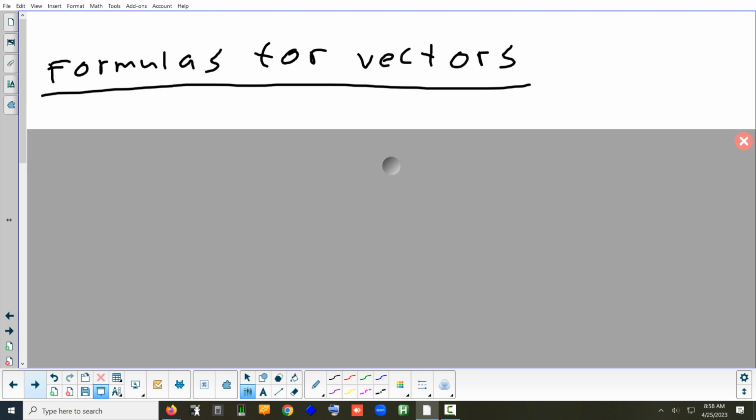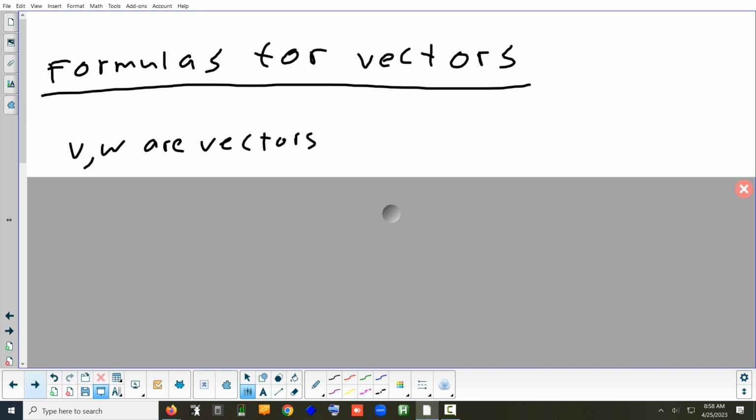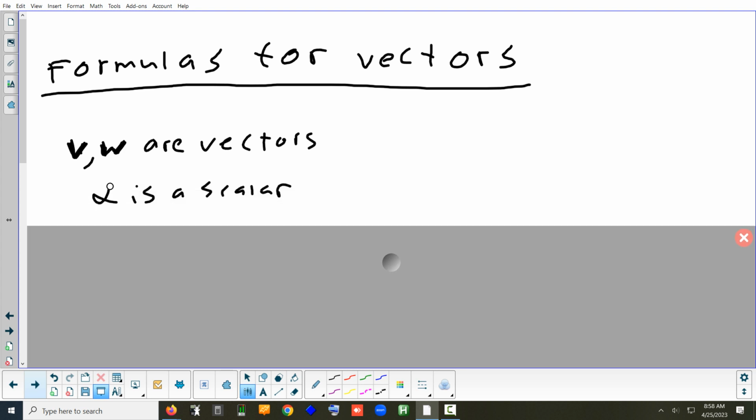So let's look at some formulas that we did a little bit yesterday visually, and now we're going to do it today with all numbers. In these formulas, anywhere you see a V and a W, those are vectors. I know they don't look bold, but if you're not sure if something's bold, just ask me. And alpha is going to represent a scalar.